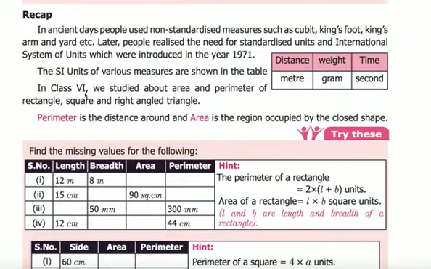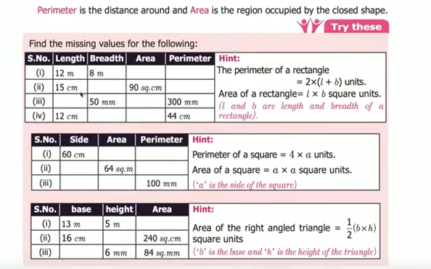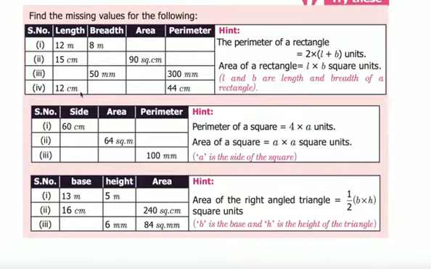In class 6 we studied about area and perimeter of rectangle, square, and right angle triangle, right? Perimeter is the distance around, and area is the region occupied by the closed shape. These two things we already know. Find the missing values for the following. 12 meters length, 8 meters breadth.